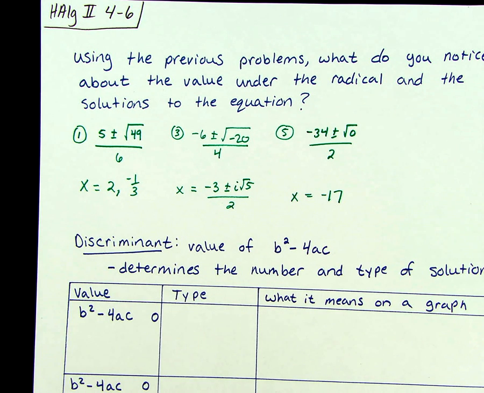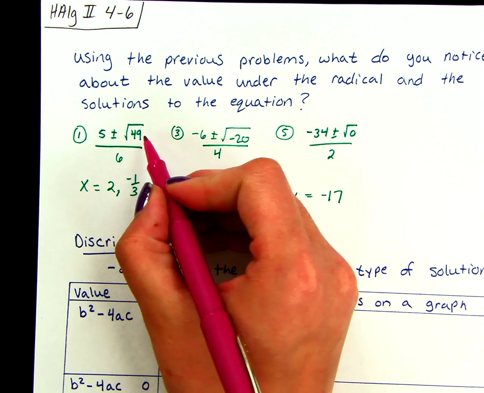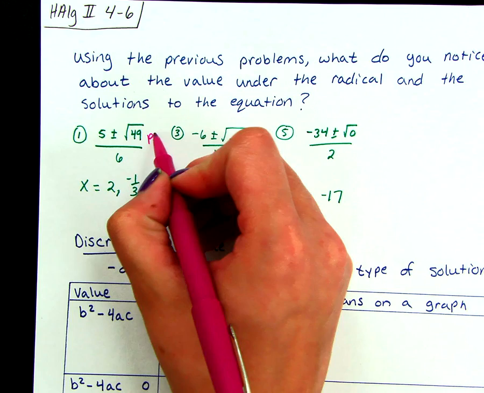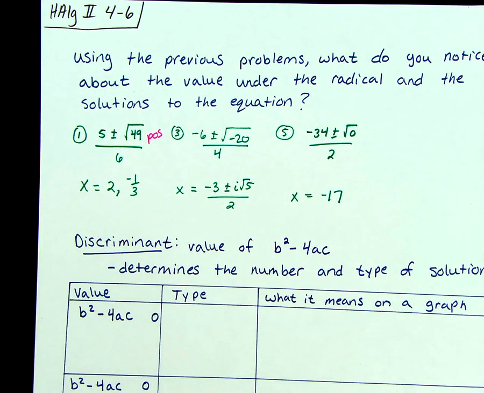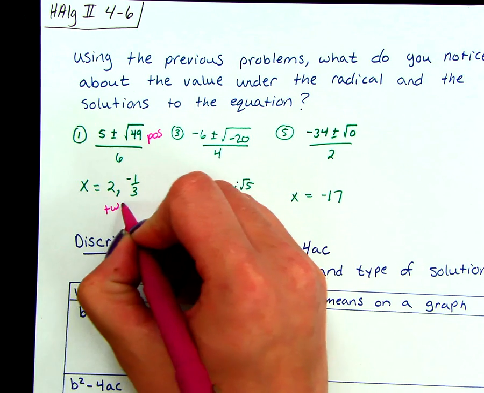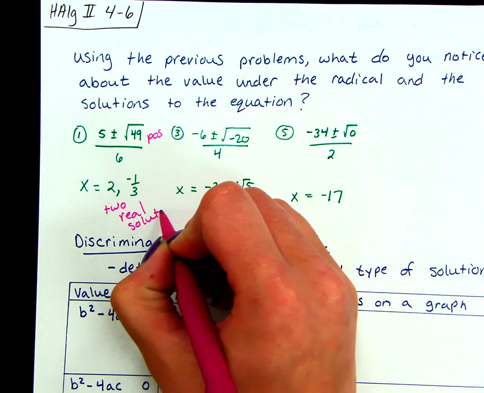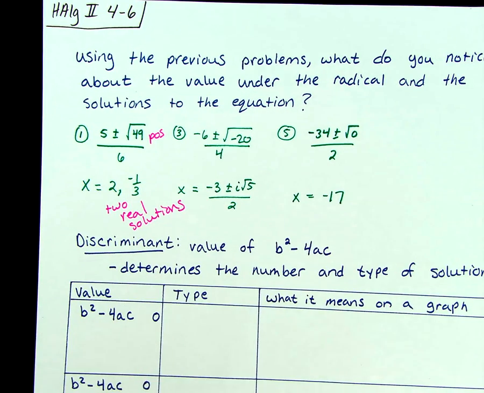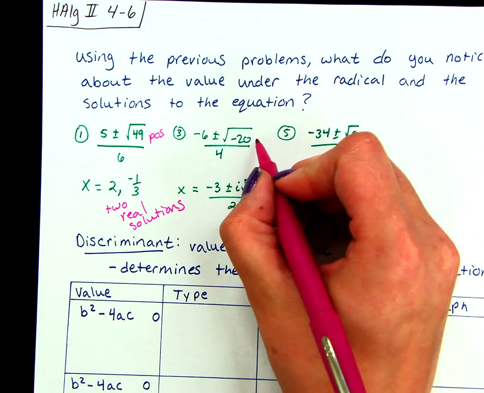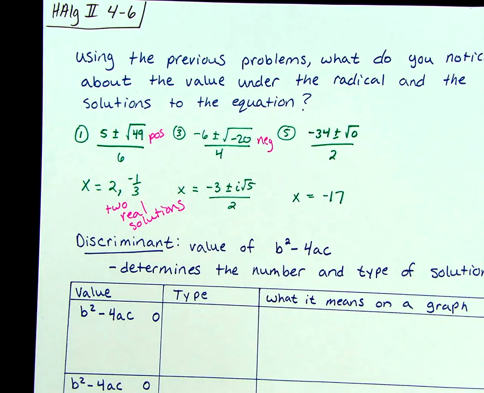Okay, so the question's asking us, what do we notice about the value under the radical and the solutions to the equation? Looking at this, we have positive underneath our radical, and we have 2 real answers. My next one, under my radical, it's a negative number.